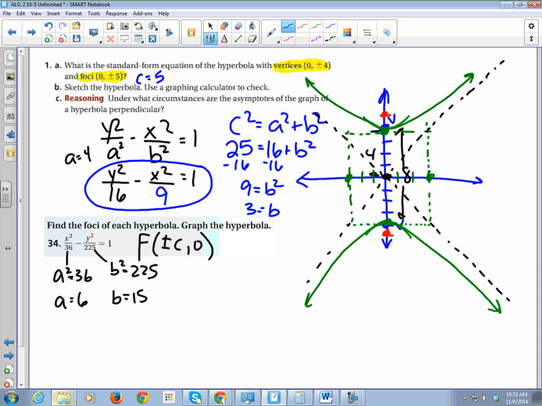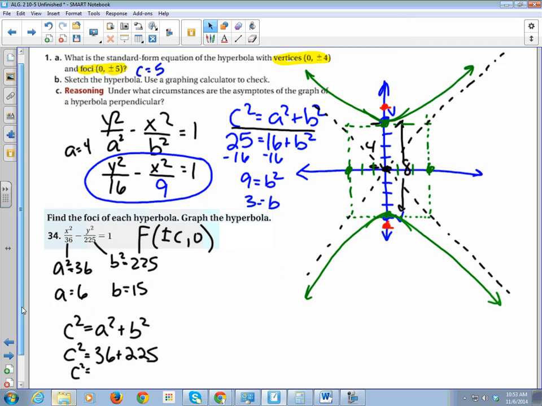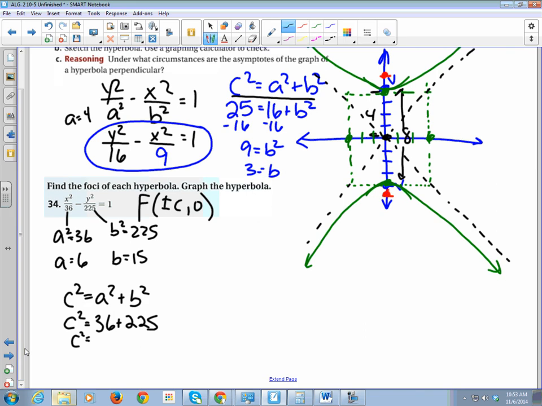I'm going to use the focus formula to find out what my focus is. a squared is 36, b squared is 225. The two of them together, 36 plus 225, 11, carry the 1. c squared is 261.